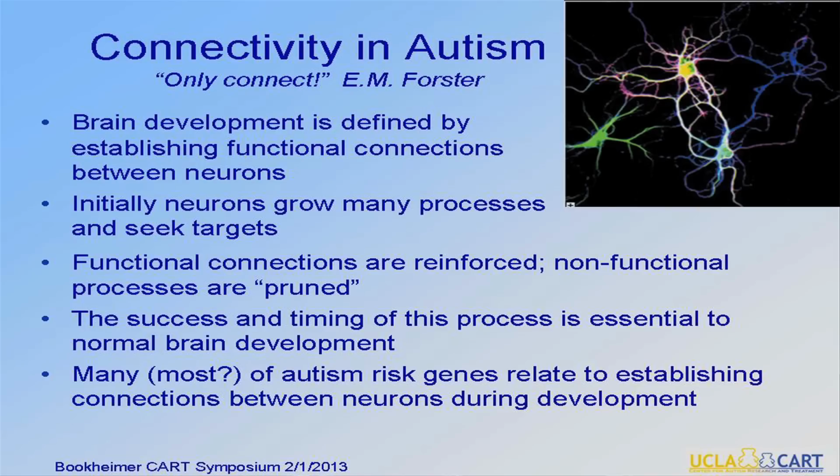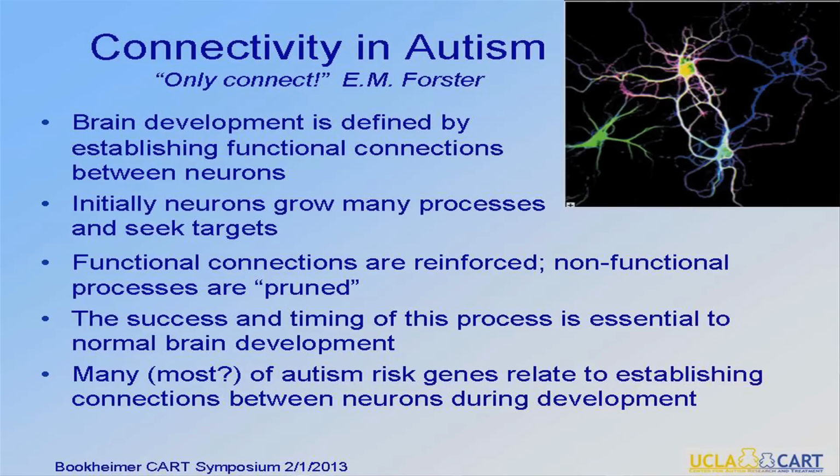The functional connections, those that line up and work well, become reinforced and strengthened over time, and ultimately non-functional connections are pruned, as we say. They become less and less present. So there's this process of elaboration and then pruning of functional connections.